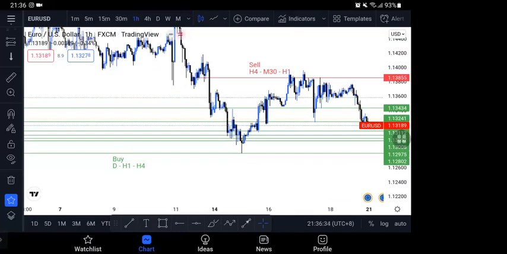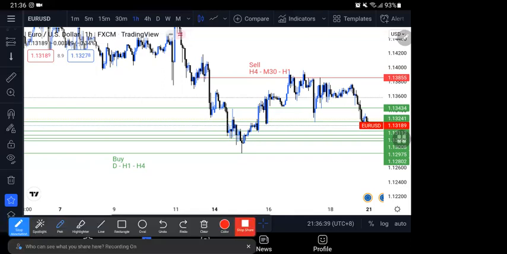So, we already know that the daily is showing us buy. So, we're gonna find H1 for the setup and then H4 is the buyers. Whenever price came to any key level, it should be retesting this.